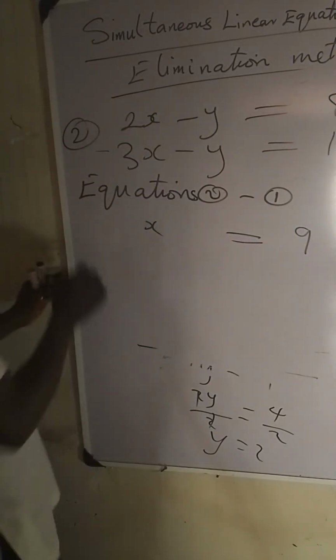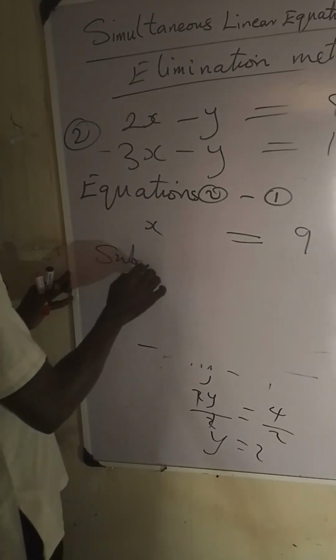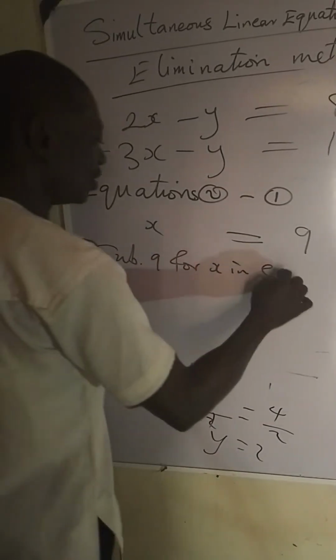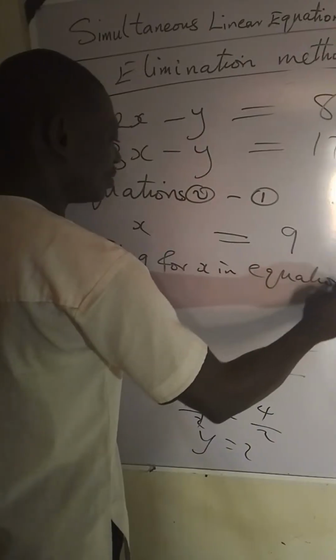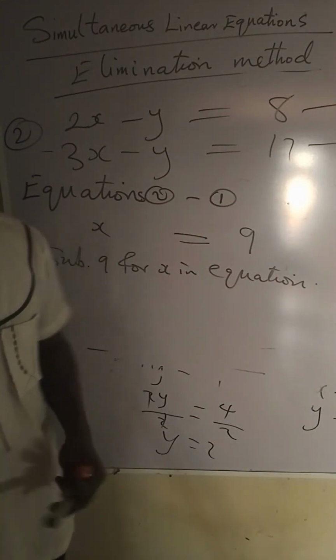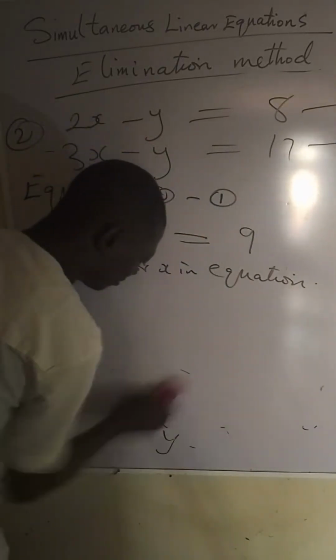So we can say, substitute 9 for x in equation 1. Whether you choose equation 1 or equation 2, you are going to get the same results. So let us choose equation 1.